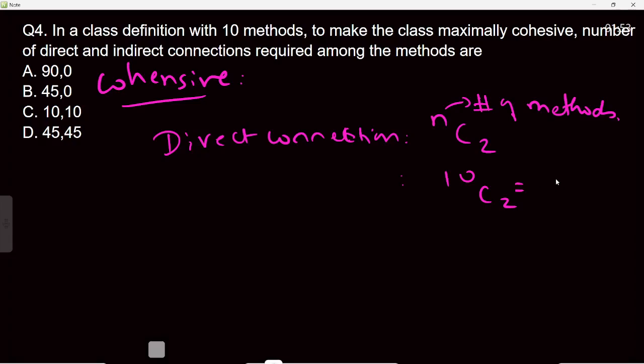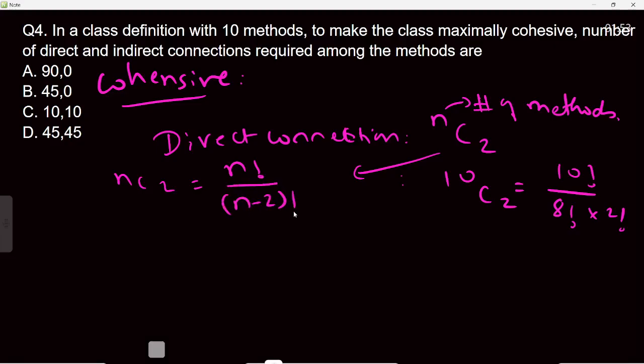So how can we find it? 10 factorial upon 8 factorial into 2 factorial. Now I will write the formula for how I have solved this. For NC2, it is n factorial upon n minus 2 factorial into 2 factorial.